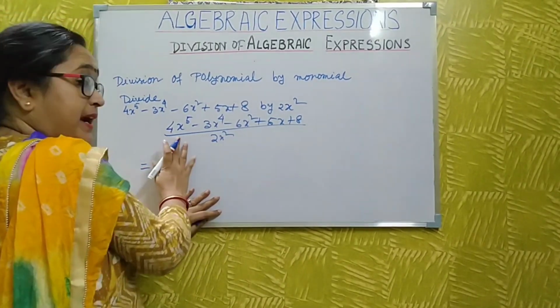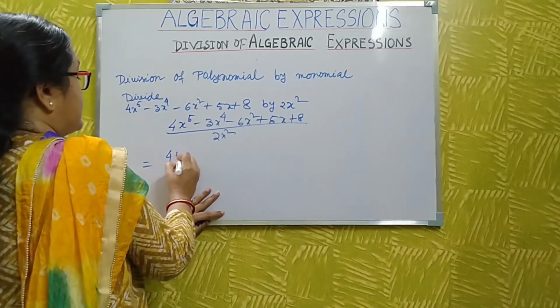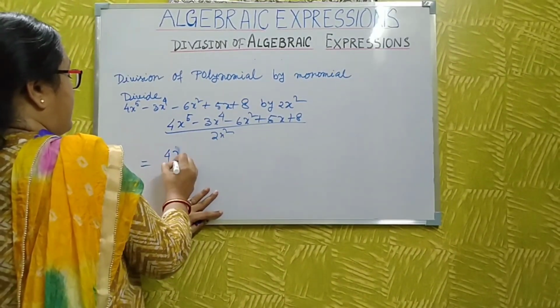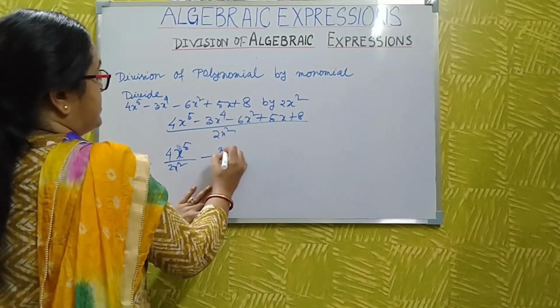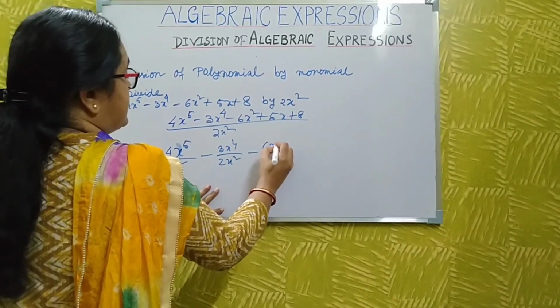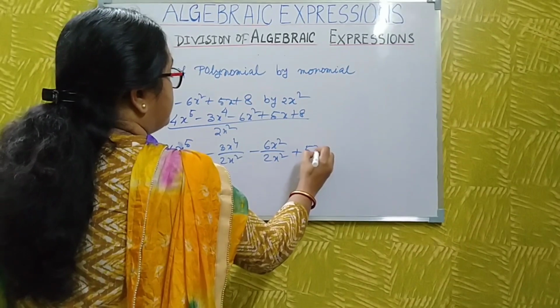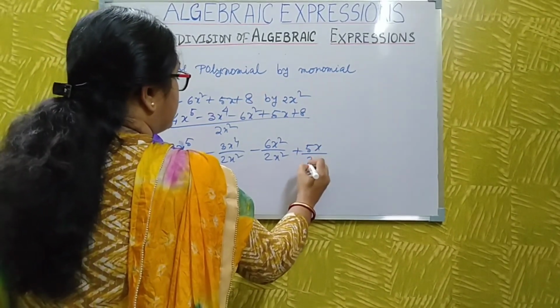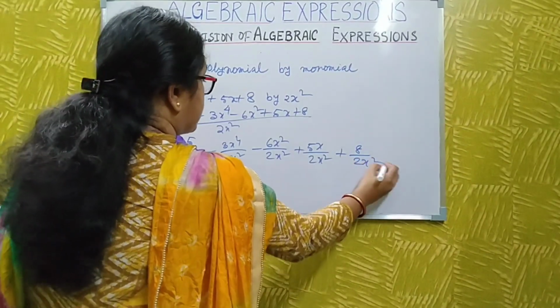Then you separate the terms and do the division: 4x⁵ by 2x² minus 3x⁴ by 2x² minus 6x² by 2x² plus 5x by 2x² plus 8 by 2x².